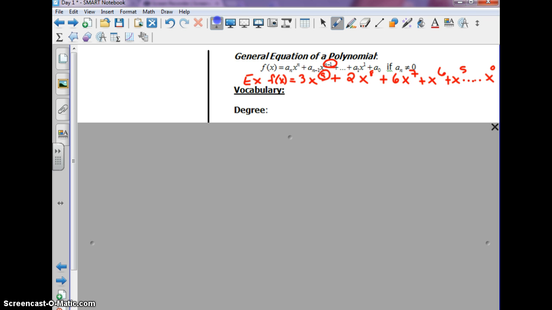So my degree is the highest exponent of a term in a polynomial. All right? So if I take the highest exponent of any term in the polynomial, that is my degree of the polynomial. So the example that I did above was a 9th degree polynomial because the highest exponent was 9.